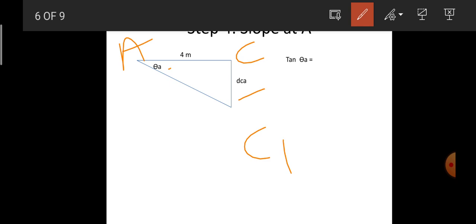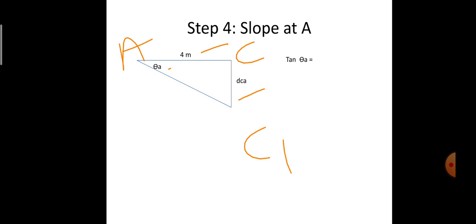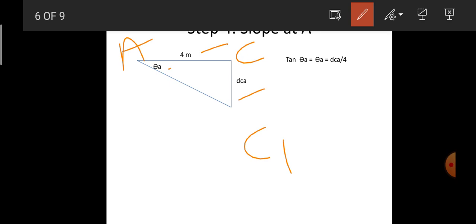and this is theta A, which is the angle subtended due to the deflected position of the beam, and the distance between A and C is equal to 4 meters. If I want to calculate theta A, I can use the tan trigonometric function. So tan theta A will be equal to DCA divided by 4 meters, opposite by adjacent.